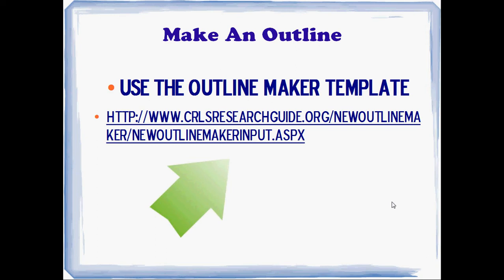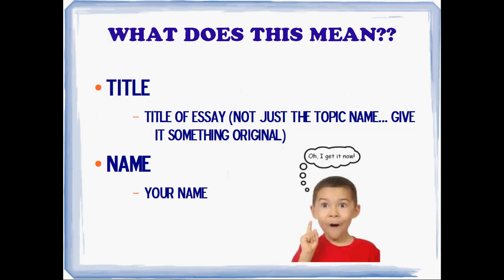Anyway, so go there, and it kind of outlines everything. You just fill in the information, and we're going to go over now some of the areas that they're going to ask you to put information in on, and I'm just going to explain some of the ones that may be confusing.